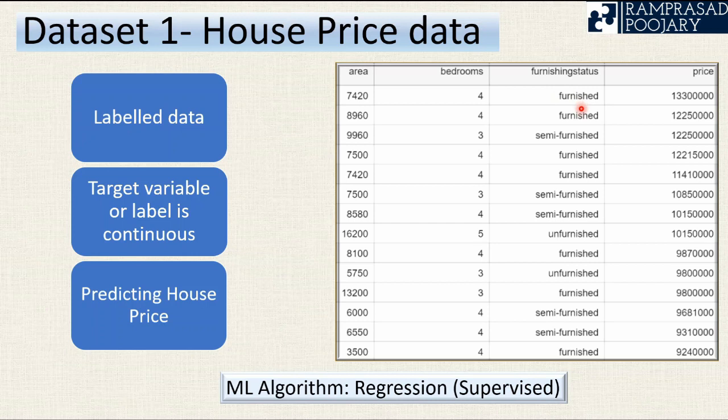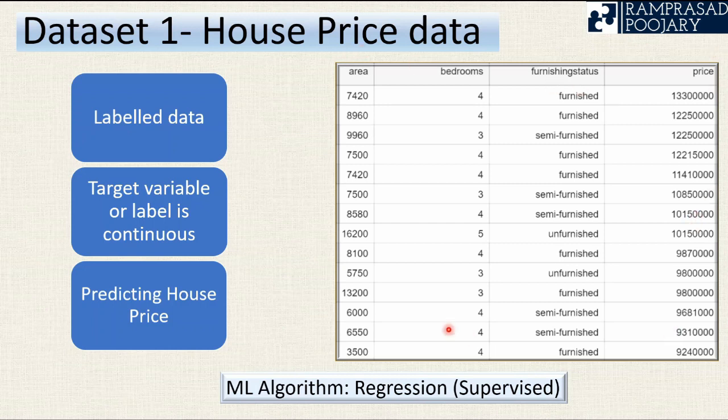Of course, this needs to be converted into a numerical value before we start training the model. So a label encoder is used here for converting a non-numeric feature into a numeric feature.